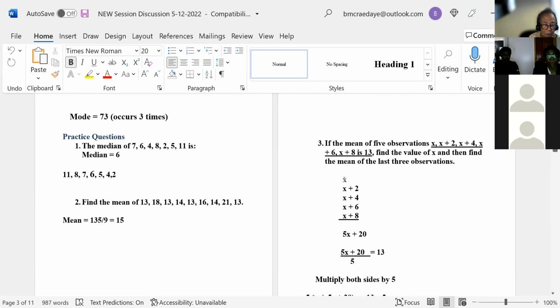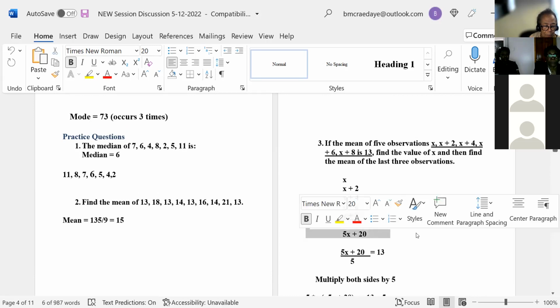Each one of these represents an observation. So you're saying right here, Miss, I add up all the x's with a total of 5, and add up all the numbers on the right, and divide by 5.